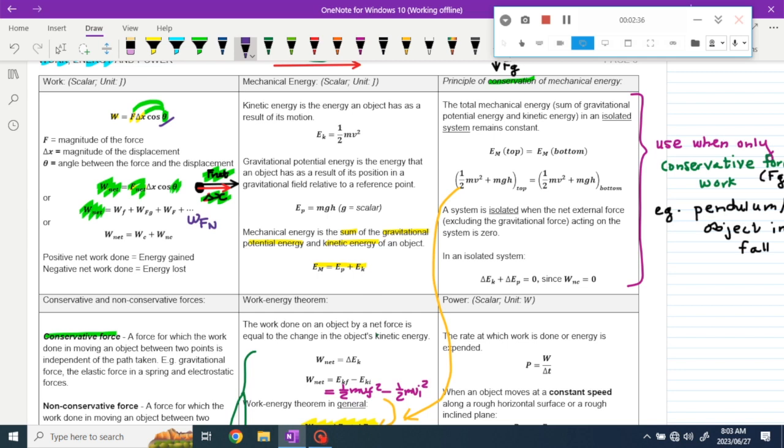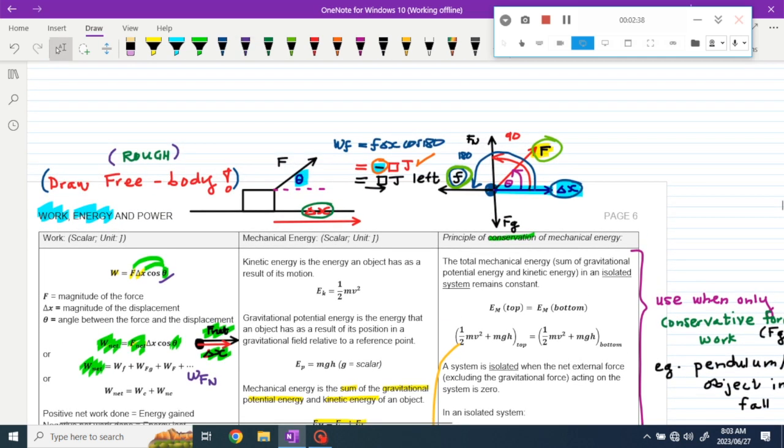Okay. These forces, if you look at my diagram at the top, here is my normal force. There it is. And in this case, the normal force is making a 90-degree angle with the displacement. So if I am going to calculate the work done by the normal force, it's going to equal the magnitude of the normal force, multiplied by the displacement, cos theta. But in this case, what is the theta going to be? 90 degrees.